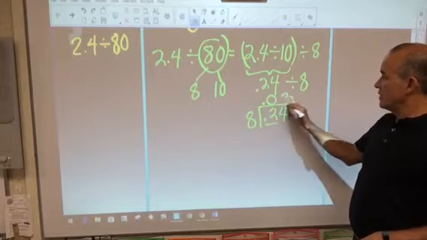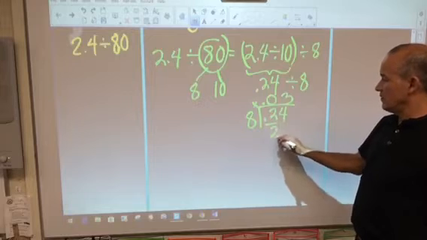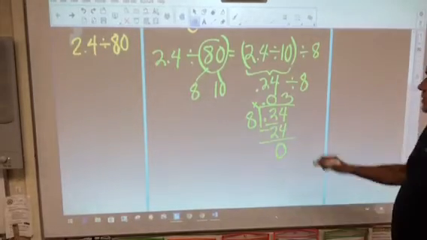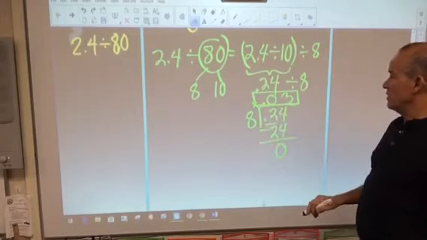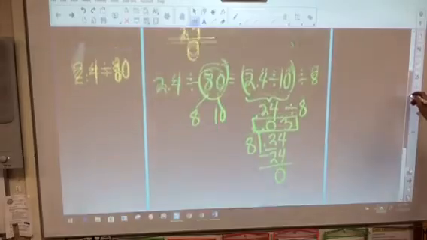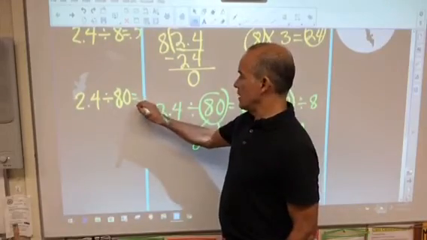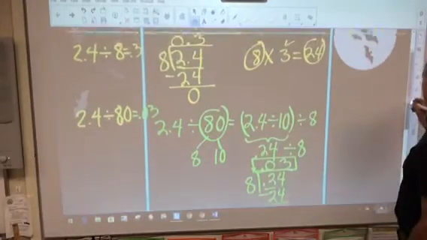And the answer is 3. So 3 times 8 equals 24. The remainder is 0. So now we know that the answer in this problem is 3 hundredths, just like we predicted. And we can write it here now, and we can compare it to the number on the first division.